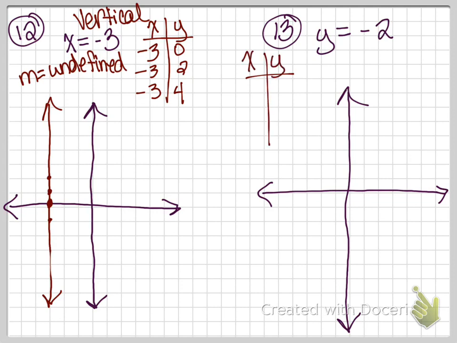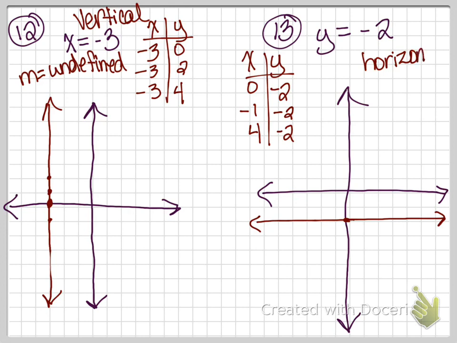So what y equals negative 2 means is that every single one of your y values is negative 2, and x can be anything, but all of your y values are negative 2. So y equals negative 2 is a horizontal line, and your slope of this is 0. Okay? So be sure you've got an idea between horizontal and vertical lines.